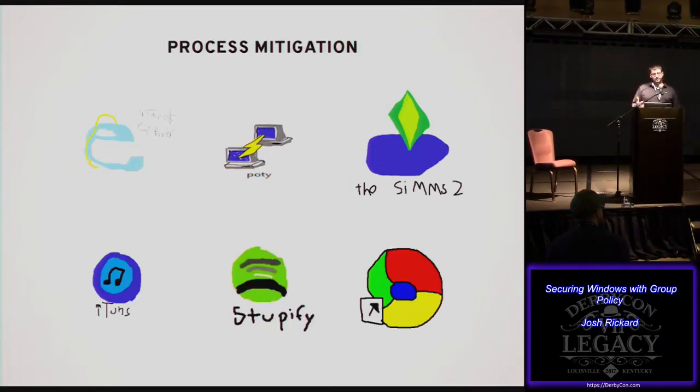You have to be on domains, your domain controller service level has to be 2016 to use this, so you're probably not going to use this in the wild right now unless your organization's really fast at upgrading. But you have the ability to do something very similar to EMET, but from a group policy perspective.